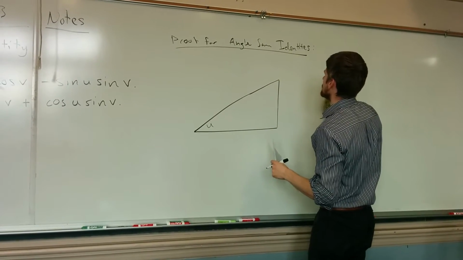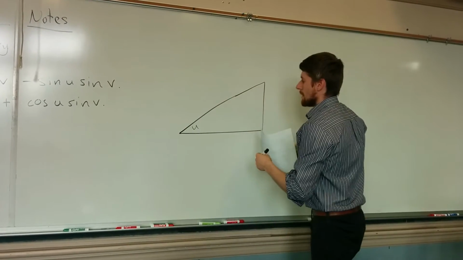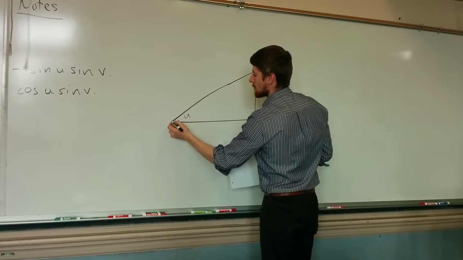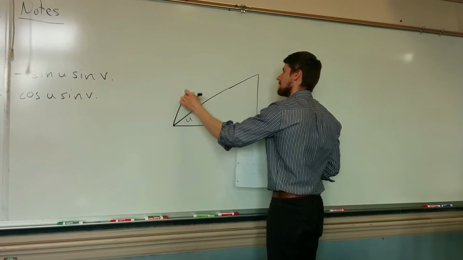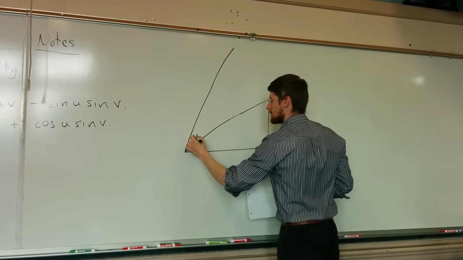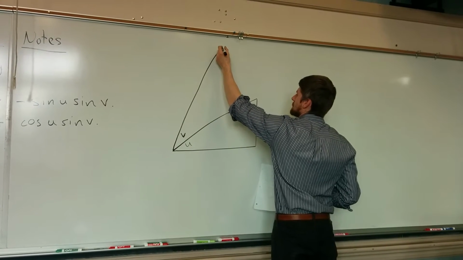I'm going to need more space. Okay. And then stacking on top of u, because we want to do u plus v, we're going to add another angle, v. This is v. We're basically building these triangles kind of on top of each other.